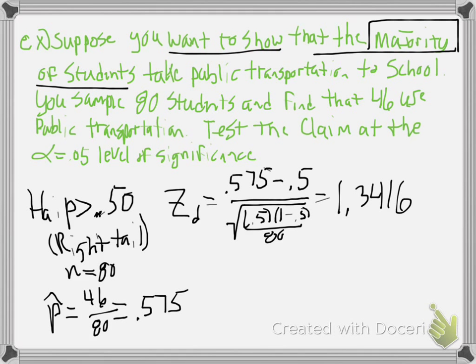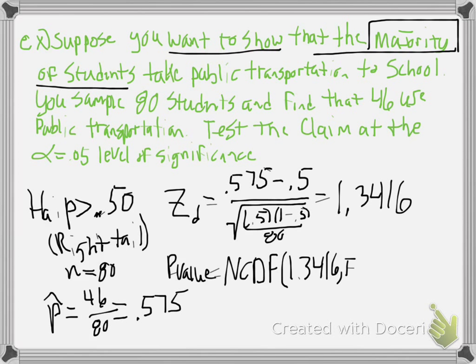Okay, so the next step is to compute the p-value. Since we're using a z-stat, we go back to normalcdf. I need to figure out which tail. Since I'm going in the right tail, I go from my test stat, 1.3416, to E99. Type that in and you get 0.0899.